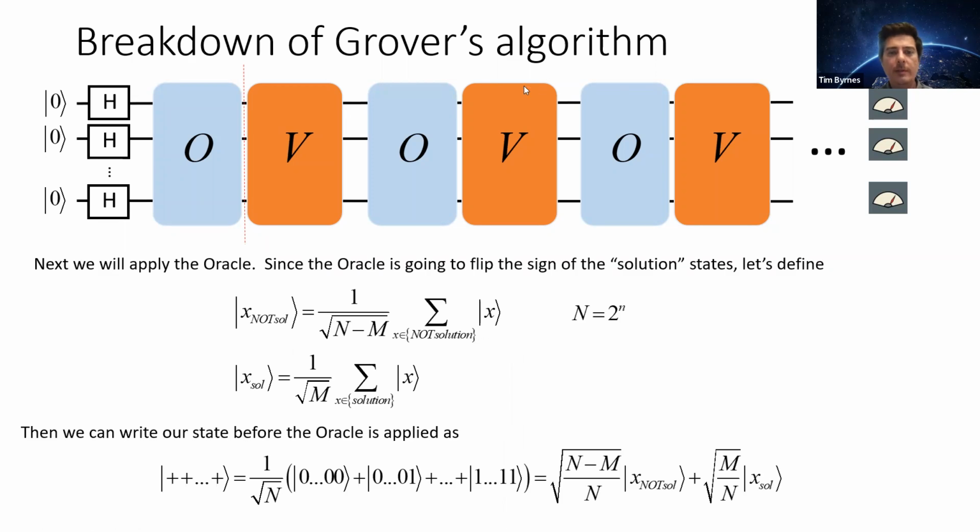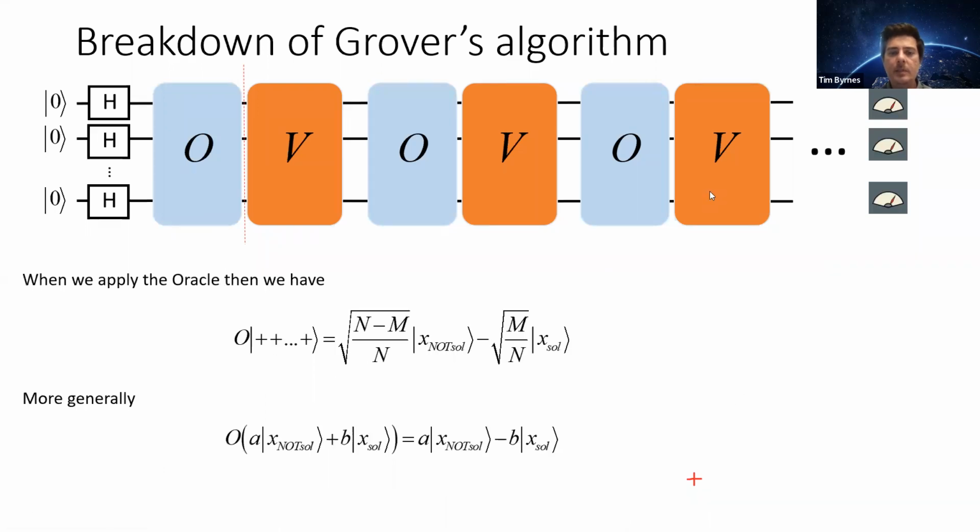Just to emphasize what has changed here, here's the plus sign over here. That's the state before the oracle, and the state after the oracle has a minus sign. So that's what happens after the first step.